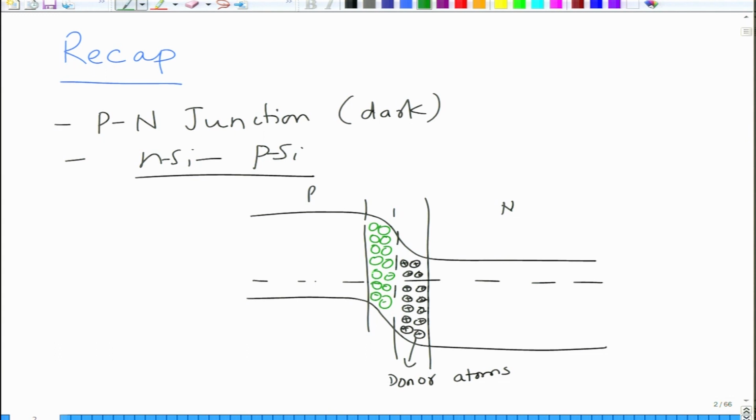The density of these atoms, and the width of this depletion region as we will see, will depend upon how doped the semiconductor is. Holes and electrons would have neutralized each other. As a result, this region is called the depletion region.